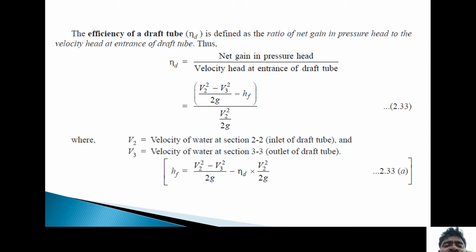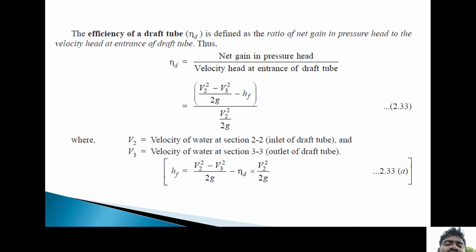The efficiency of a draft tube is defined as the ratio of net gain in pressure head to the velocity head at entrance of the draft tube. Therefore, the efficiency of the draft tube equals net gain in pressure head divided by velocity head at entrance of the draft tube.